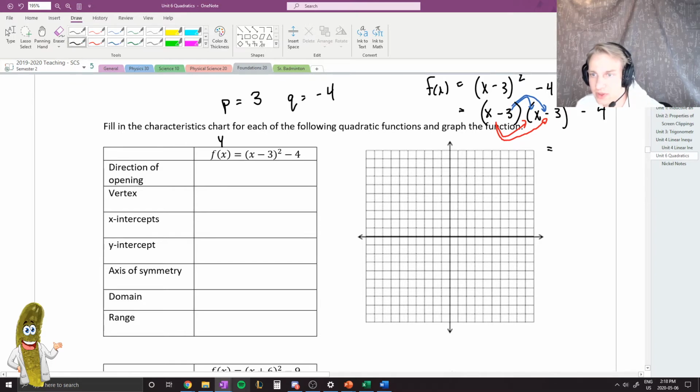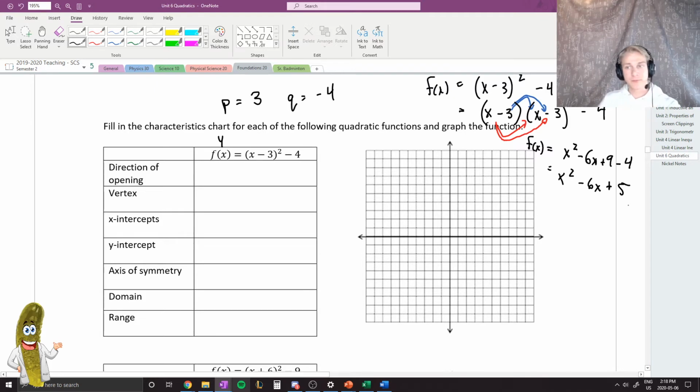And what you'd end up with is f of x is equal to x squared minus 6x plus 9 minus 4. And we can combine the 9 and 4 because they don't have any x's, so they are called like terms, to get x squared minus 6x plus 5.